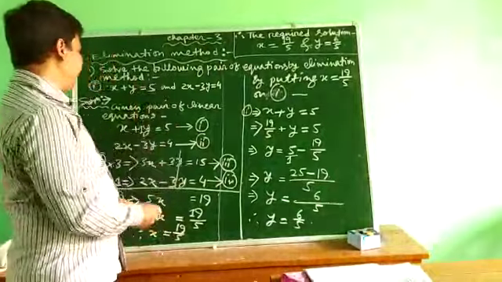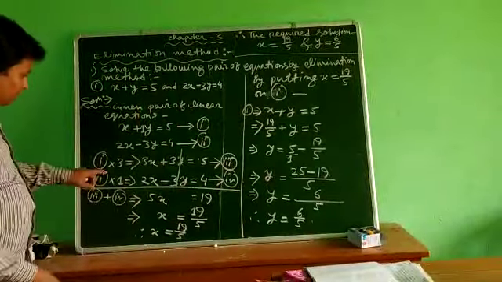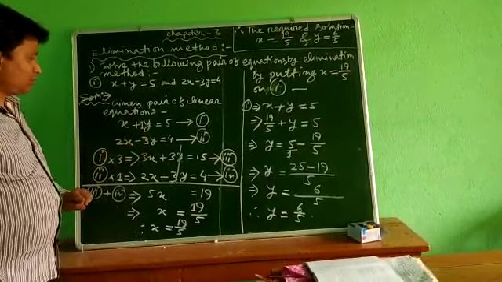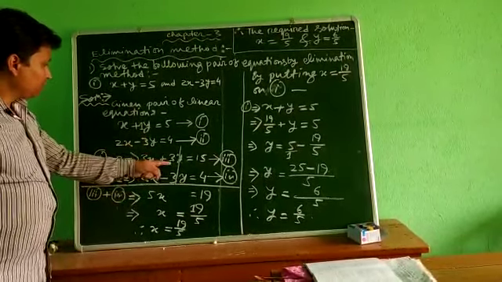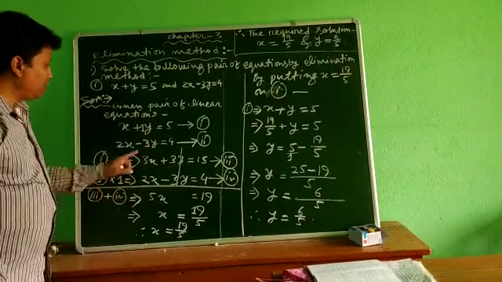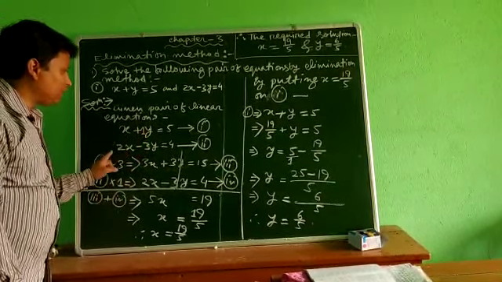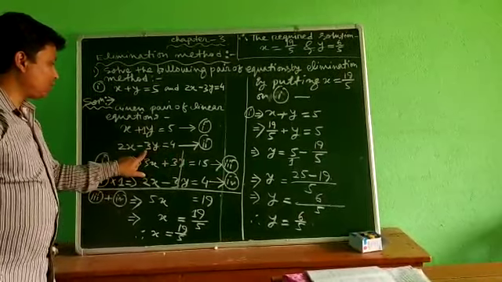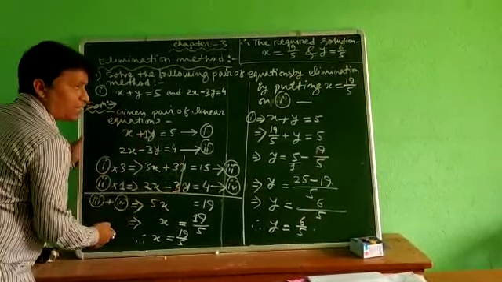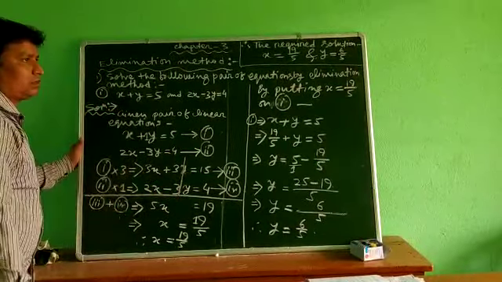Okay, but one more thing to see here. We are eliminating y terms, that's why we have to look at the y coefficients. By this y coefficient we multiply by 2, and by this y coefficient we multiply by 1, to get the same coefficient and eliminate the y terms.